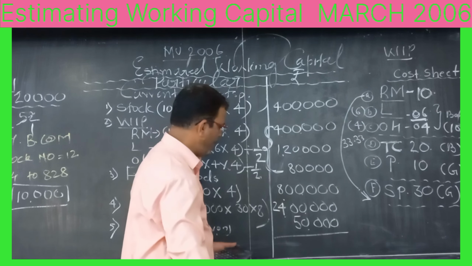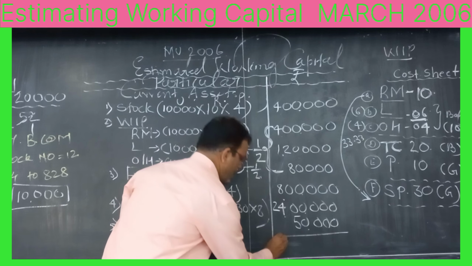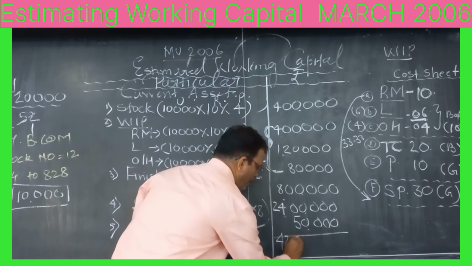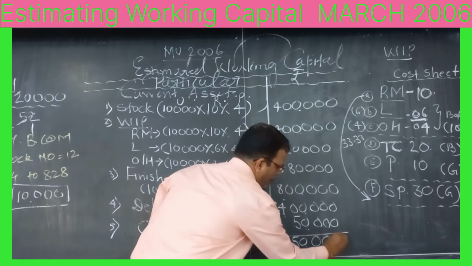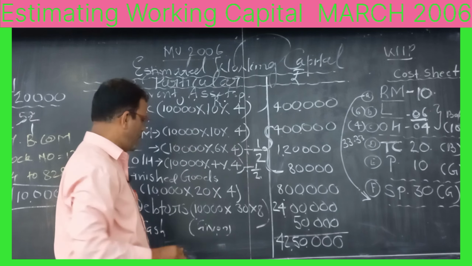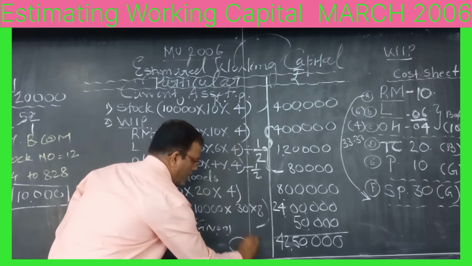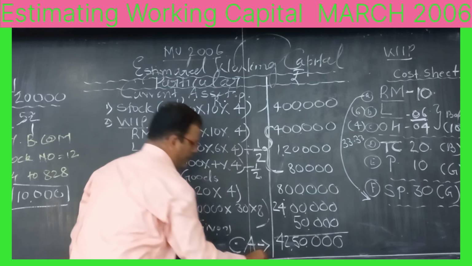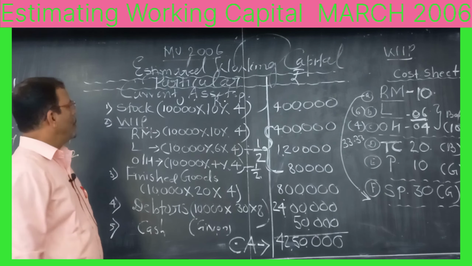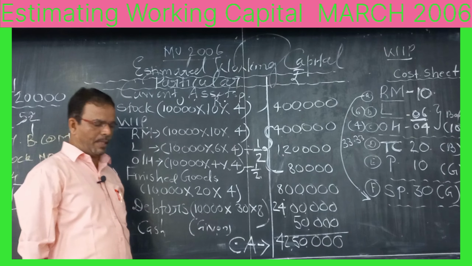So 42 lakhs 50,000 is our total current assets.